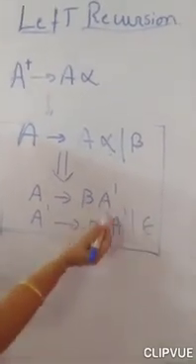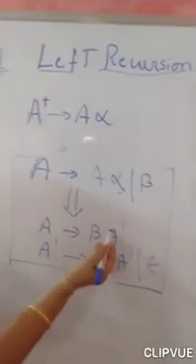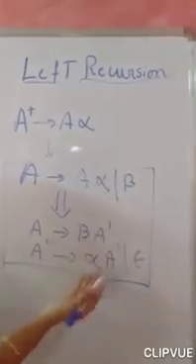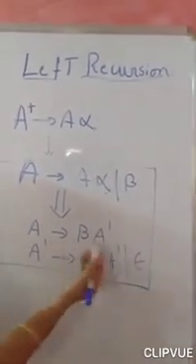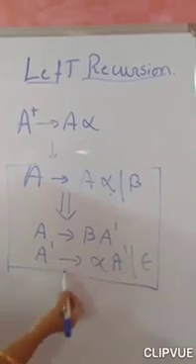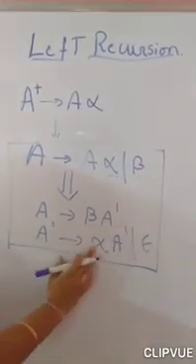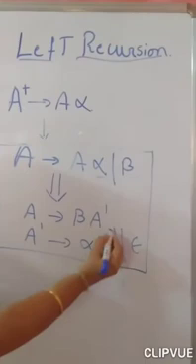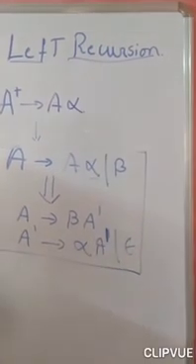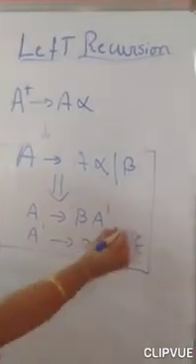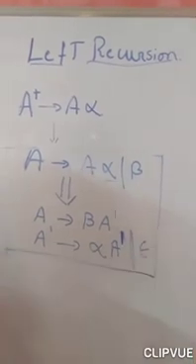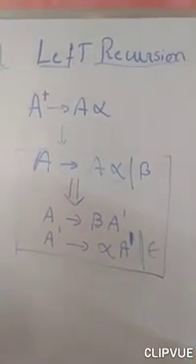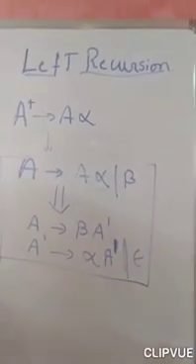If you want, you can take T, or F, anything, any non-terminal. We are adding one more non-terminal. And A dash derives whatever alpha you had, followed by that new non-terminal we have selected, or it can also derive epsilon. So this is the method for elimination of left recursion.